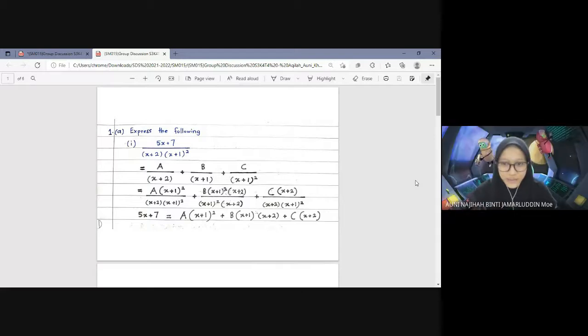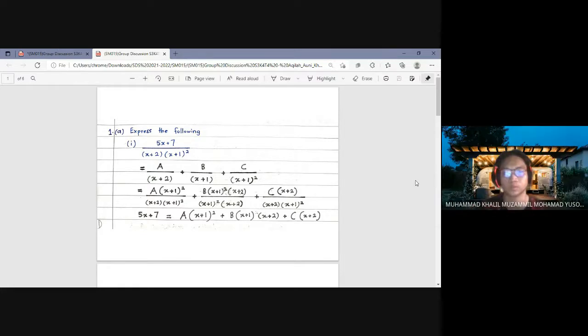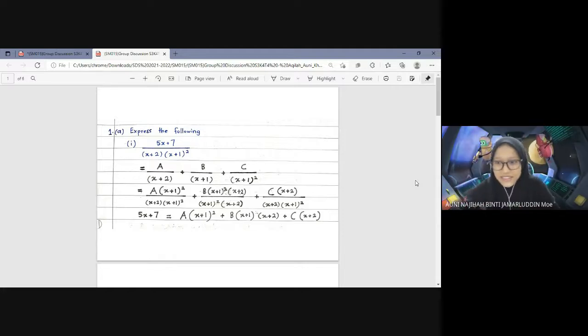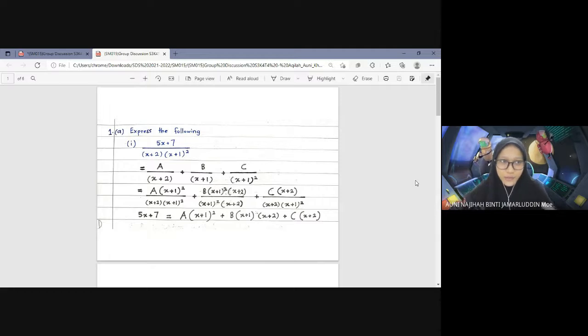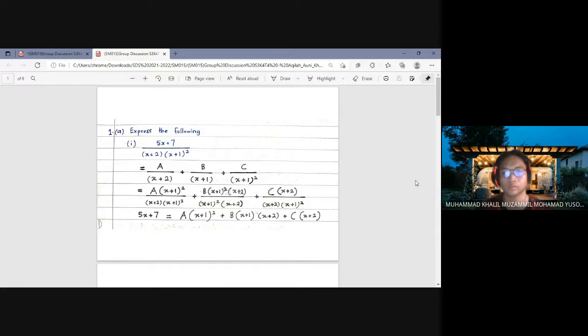First of all, we have to do the constants: a per x plus 2 plus b per x plus 1 plus c per x plus 1 squared. And then we have to make the denominators the same.